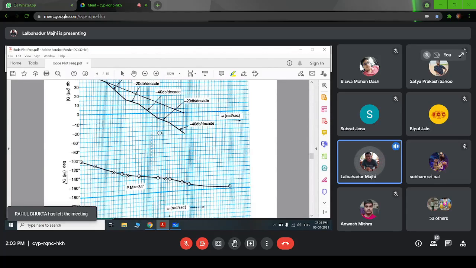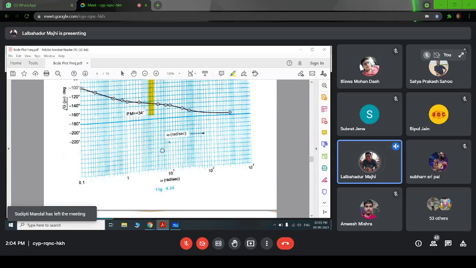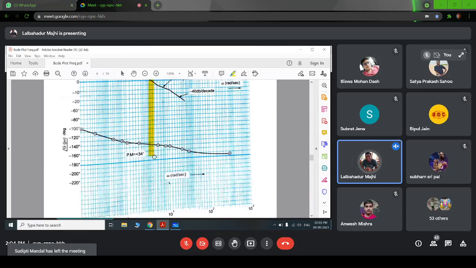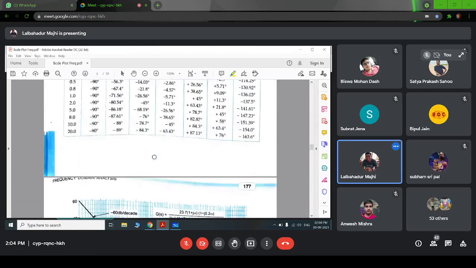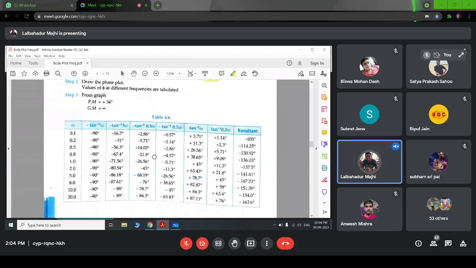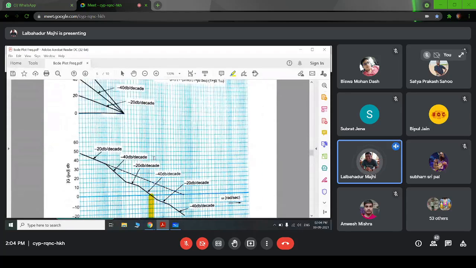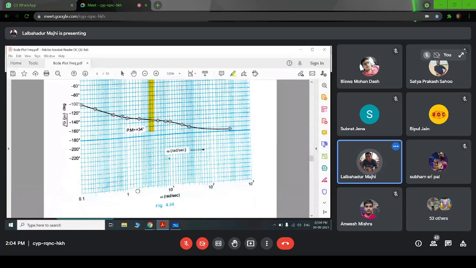Similarly, the gain crossover frequency will be around 5 or 4 radian per second. The gain crossover frequency will be 4 radian per second, and the phase crossover frequency will be infinite.